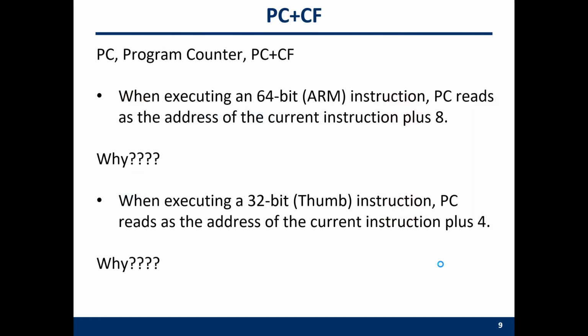So this is the value on different CPUs. This is related to whether your CPU is 32-bit or 64-bit, which is related to the size of each instruction on your CPU. If you have a 32-bit CPU, then each instruction is 32 bits, so you need to add 4 bytes.